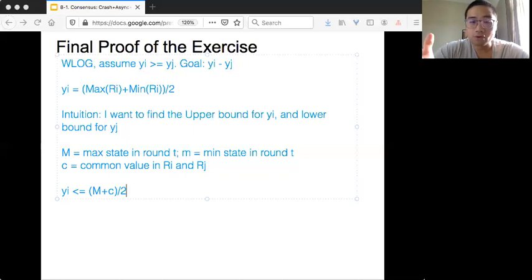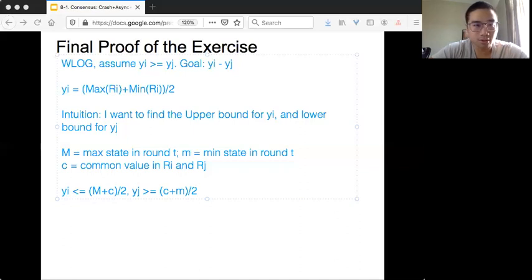What you need to show is that obviously max Ri is upper bounded by M. Then you will want to convince yourself that min Ri is also upper bounded by c. Okay. And then the next one is yj. What will be the lower bound for yj? So yj is greater than or equal to c plus m over 2.